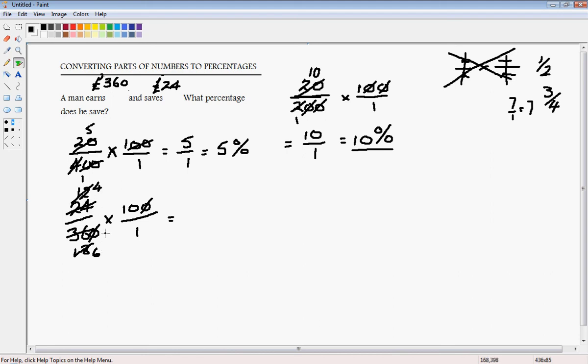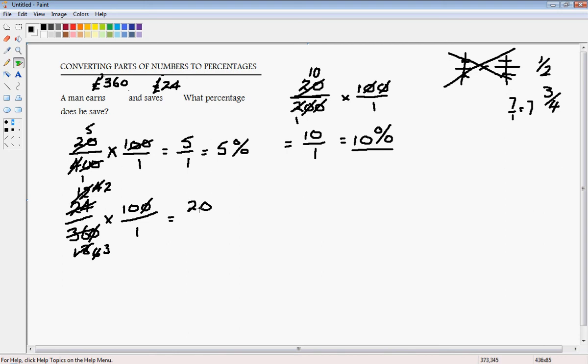Okay, now I've got 4 and 6. I know both of those can be divided by 2. So 4 divided by 2 is 2. 6 divided by 2 is 3. Okay, so we've got 2 over 3 multiplied by 10 over 1. So there's no connection now, except the 2 and the 10, but that's running horizontally and we can't cancel that way. Okay, so now I just multiply across.